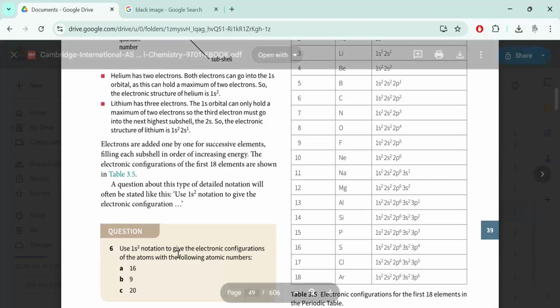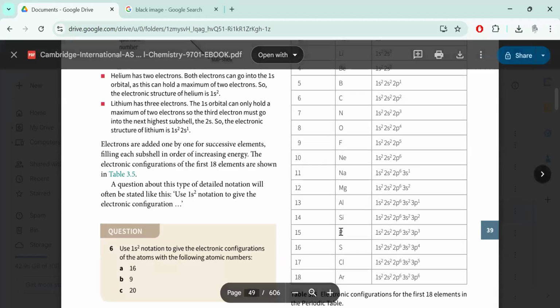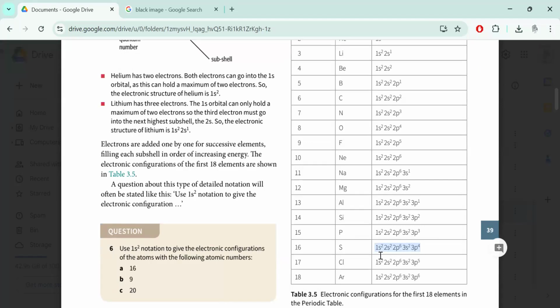So for the configuration, we use the atomic number. For 16, we have it right here, sulfur. We write it as 1s2, since 16 is more than 2, that's obvious. After that, it needs to go to the next highest subshell, which is level 2. Level 2 can only hold up to 8 electrons.